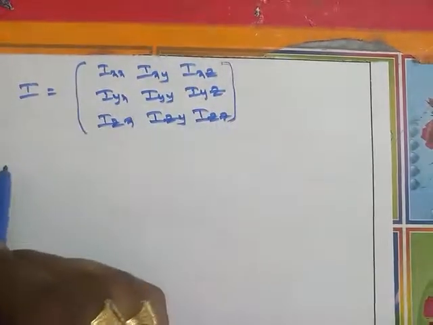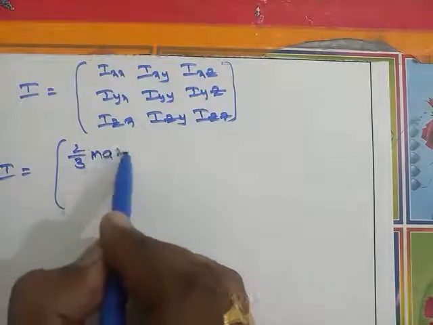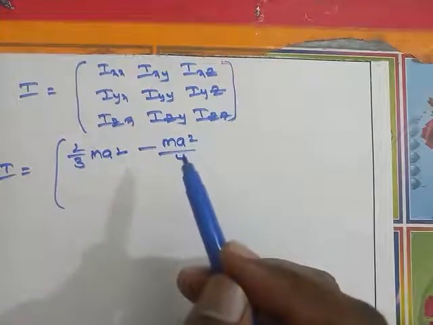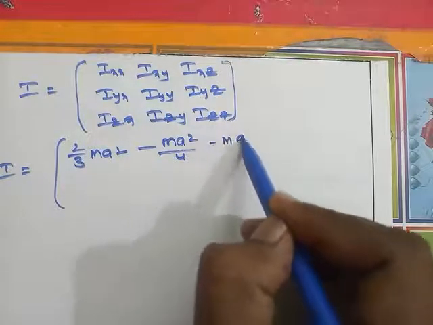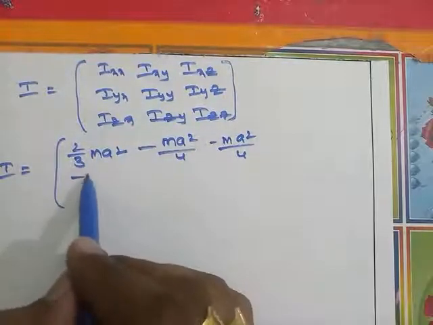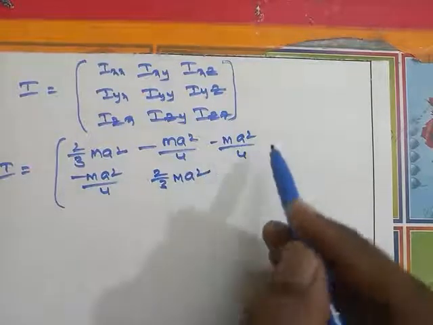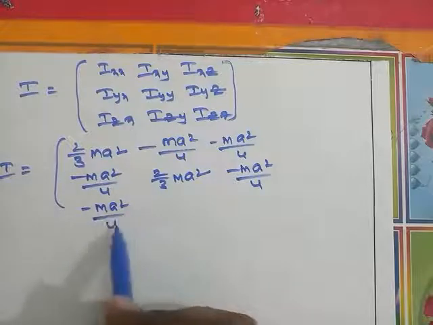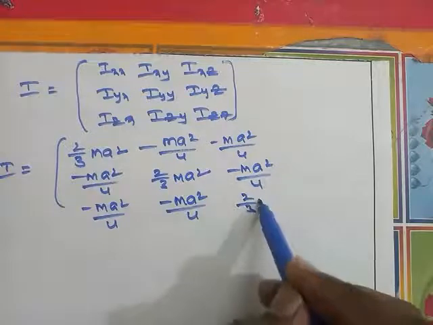Substitute all the 9 components here, that is equal to 2 by 3 m a square, here is minus m a square by 4, minus m a square by 4, and the remaining term is minus m a square by 4. Here it is minus m a square by 4, here is 2 by 3 m a square, and here minus m a square by 4, here minus m a square by 4, here minus m a square by 4, here is 2 by 3 m a square.